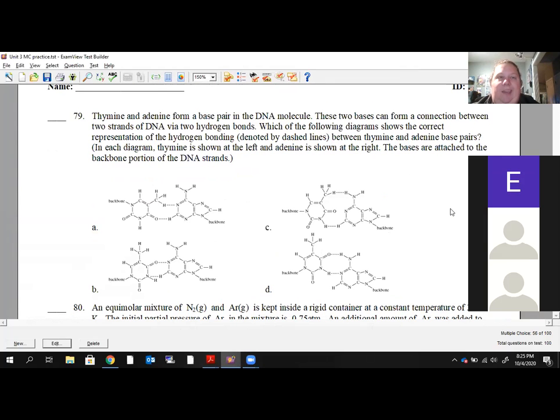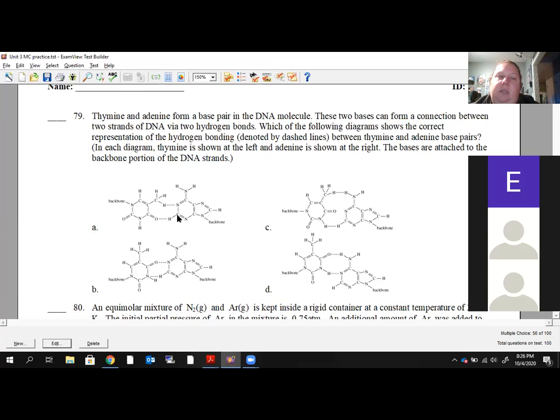Okay, so I got it down from A and B, but I didn't know why D was right over A. The reason why A doesn't work is because the hydrogens are not connected onto a nitrogen, oxygen, or fluorine in their compound.